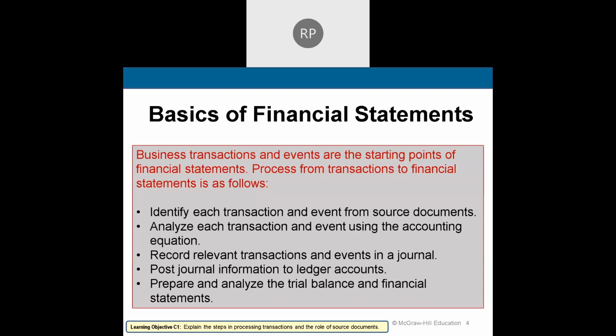Stocks, bonds, etc. Cash coming in and out of the business for that use. That's financing activities. And the third category is called investing activities. Investing activities represents the cash used for the purchase or sale of property, plant, and equipment.